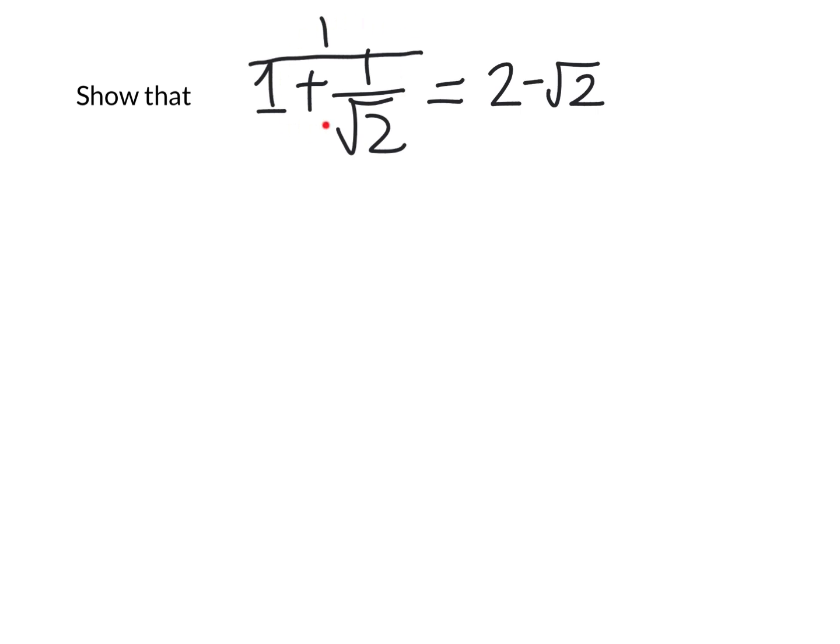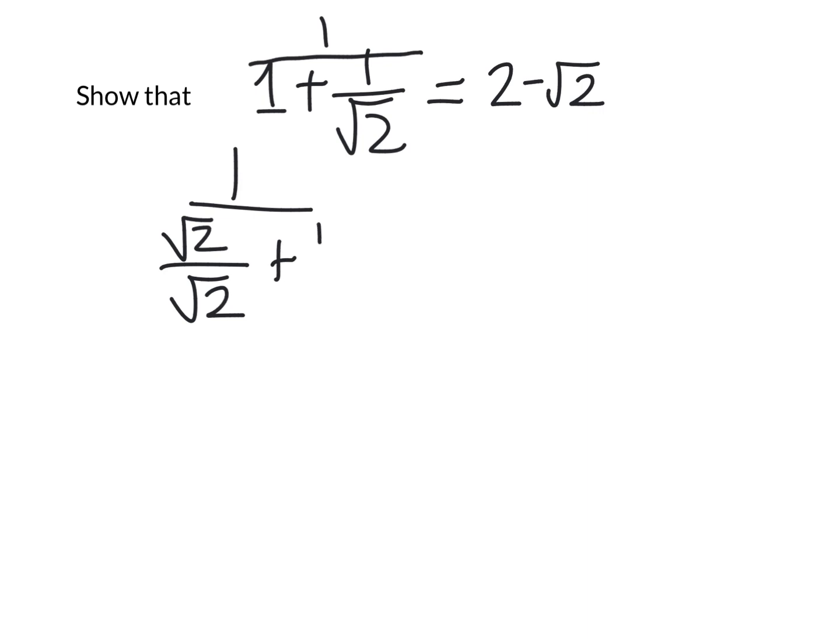I'm going to start with this side and simplify it. So in order to get from here to here where there is no fraction, I've got to get rid of the fraction here. So I'm going to need to combine this denominator into a single fraction. So I'm going to rewrite this 1 as root 2 on root 2. Why did I choose root 2?